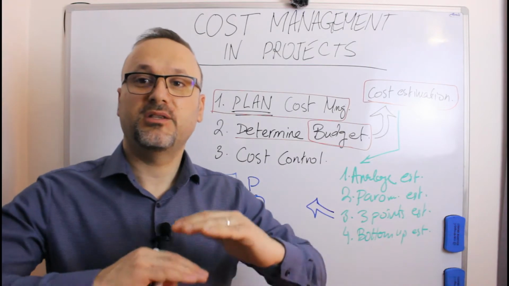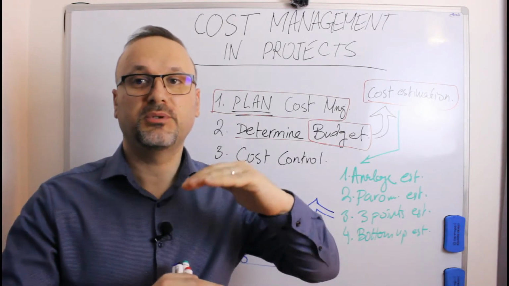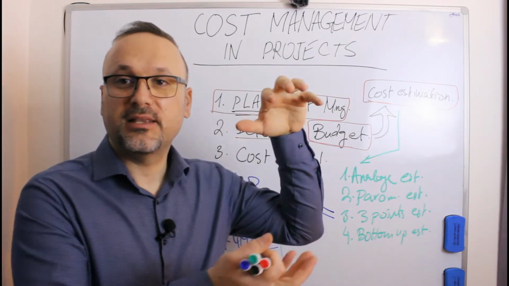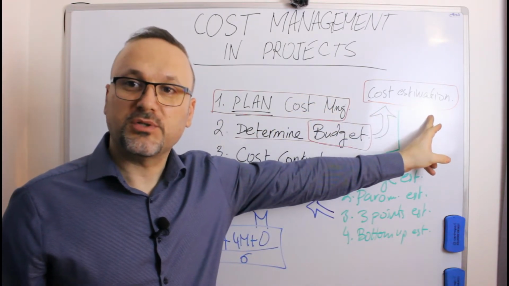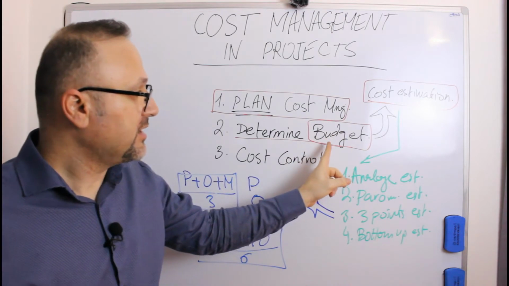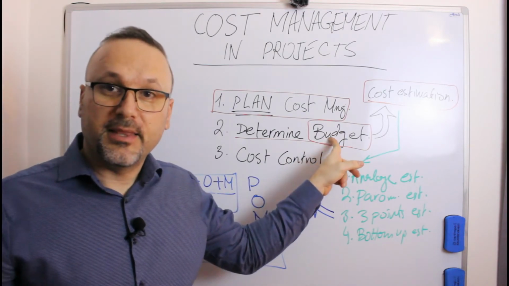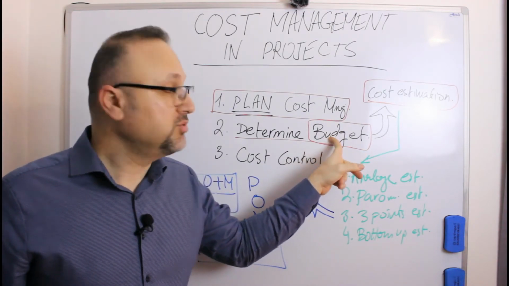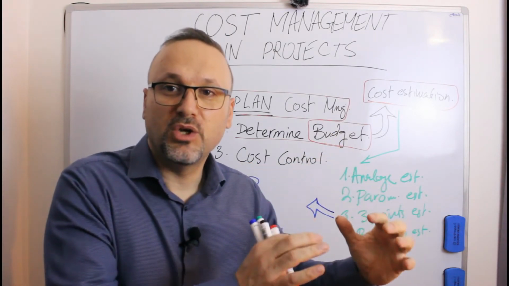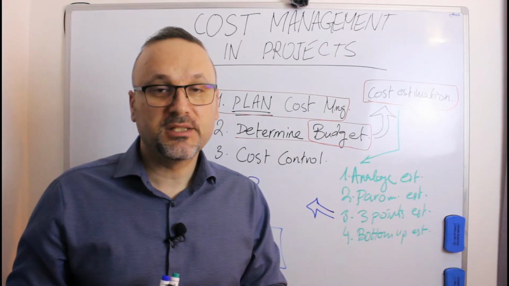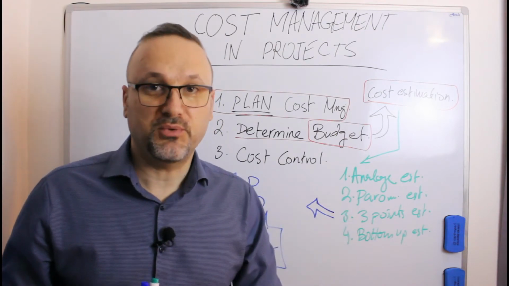Means I am estimating activity by activity and putting it all together and get the estimation of the cost. Once your cost is estimated, you are estimating the budget that I need to make it, and this budget should be submitted to your management to get it approved.